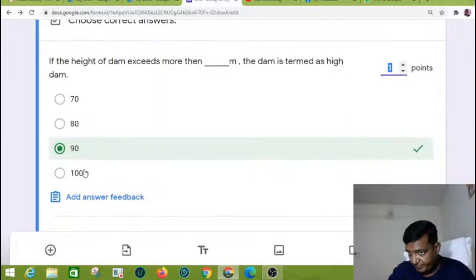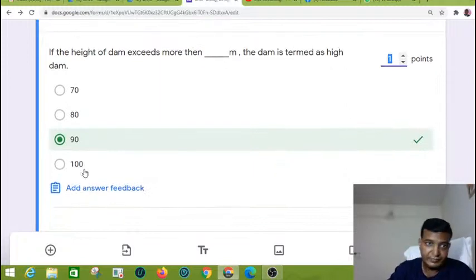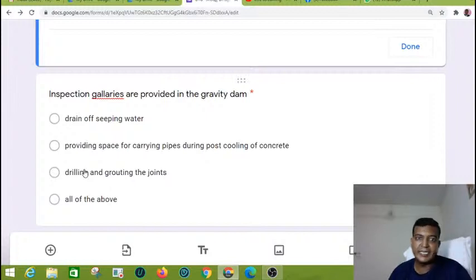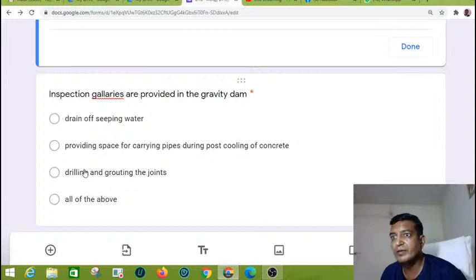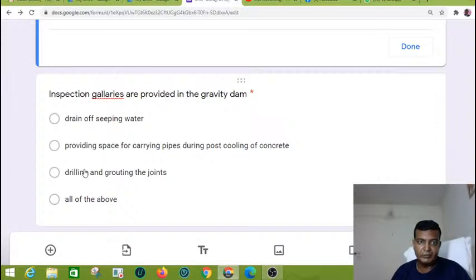Here you can see inspection galleries are provided in the dam for drain of seeping water, providing space for carrying pipes during post cooling of concrete, drilling and grouting of the joints.